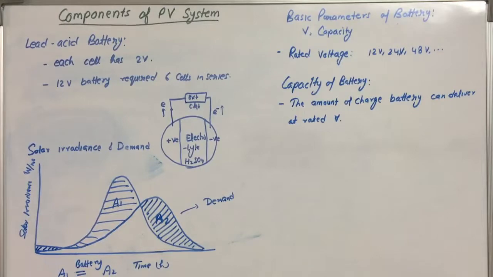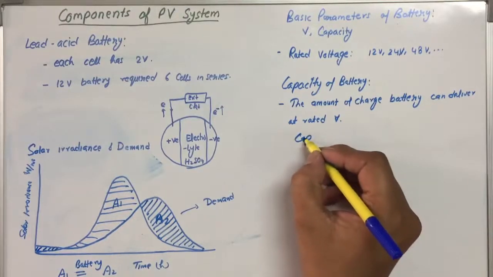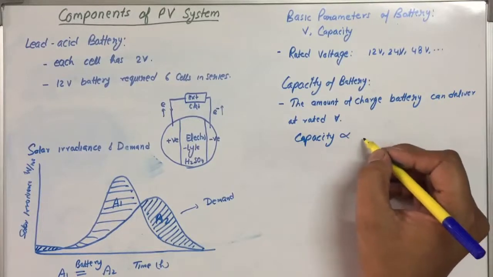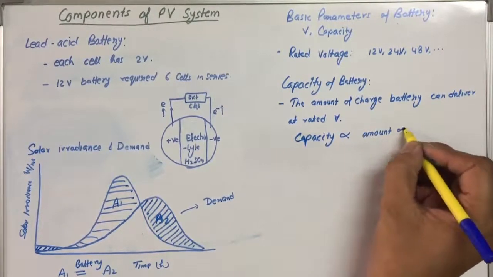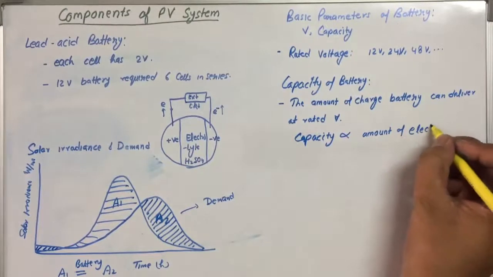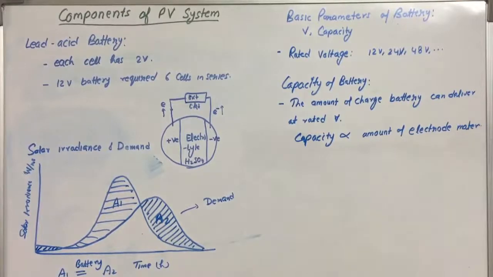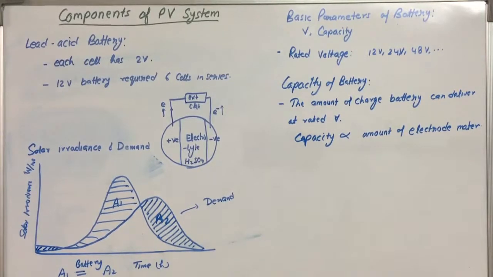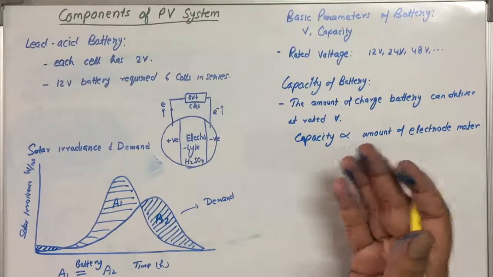If we talk about the capacity, it is proportional to the amount of electrode material in the battery. This explains why a small cell has less capacity and a large cell has higher capacity, even though the open circuit voltage is the same for both the cells.